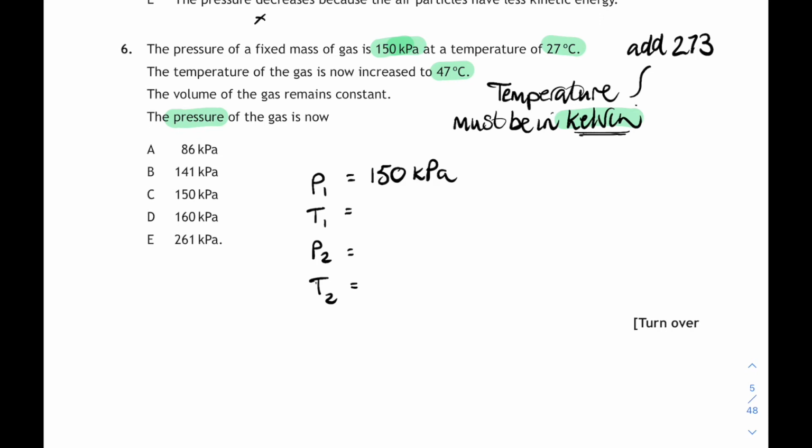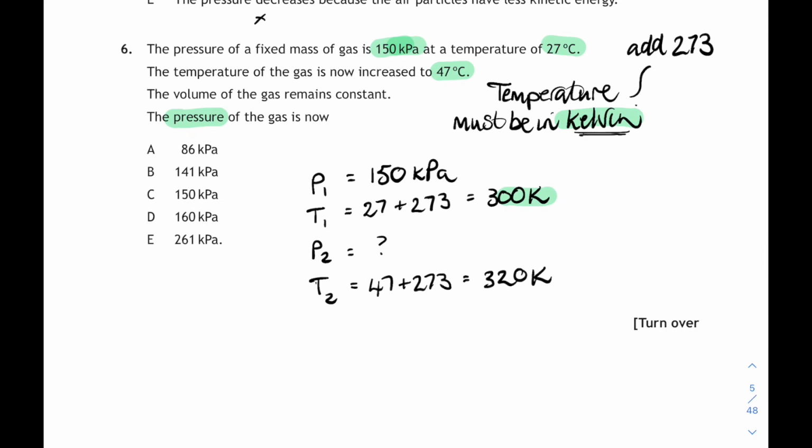Let's fill in what we know. P1 is 150 kilopascals. The first temperature, T1, is 27 plus 273, which is 300 Kelvin. We're looking for P2, and T2 is 47 degrees Celsius. Add 273 to that, and it gives us 320 Kelvin.